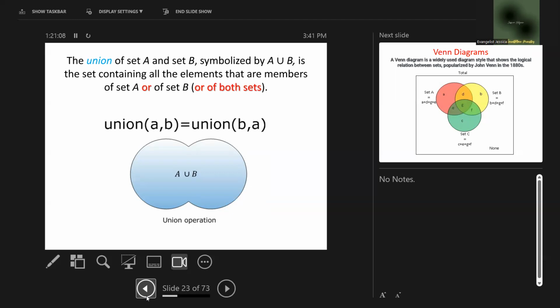Okay. So I wanted to make sure that you are clear as far as the difference between subset and proper subset. Remember, a proper subset is when set A's members are part of set B, but they are not equal. Okay, that's called a proper subset.